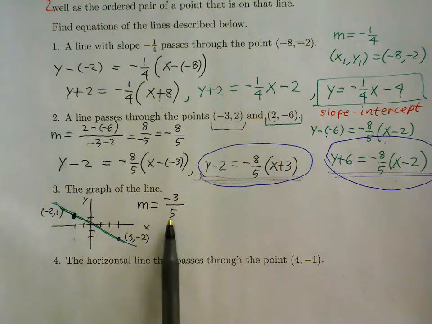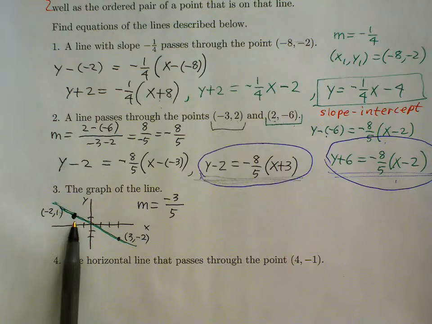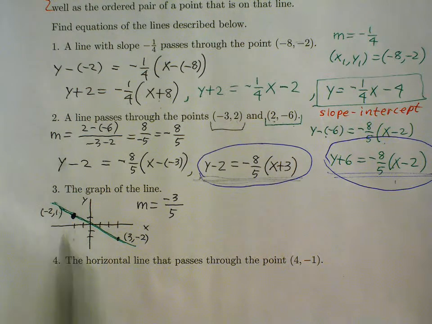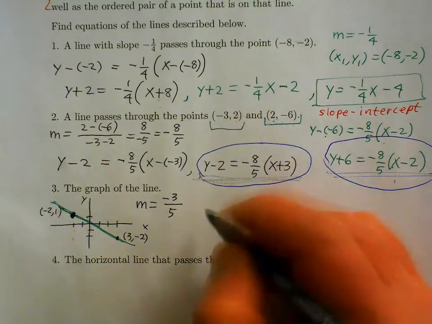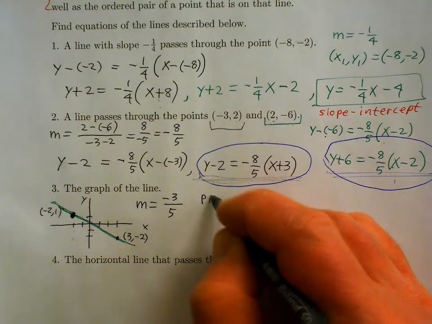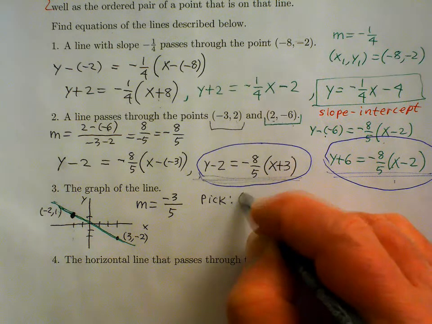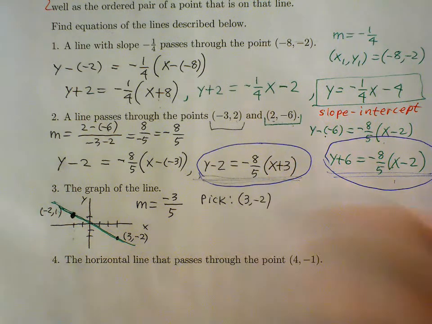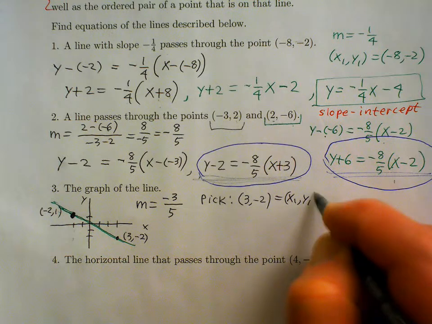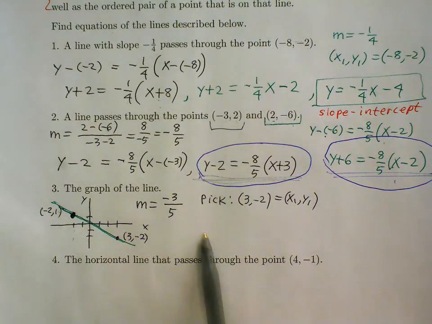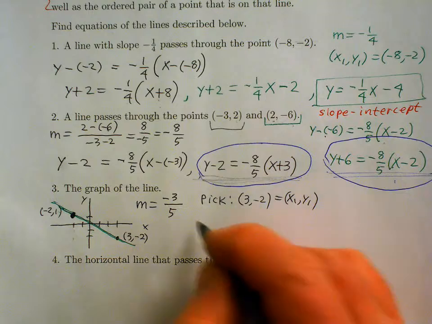If you don't want to do it that way, you can use the slope formula to find the slope. Then pick one or the other of the ordered pairs as x1, y1. So I'll pick the ordered pair 3, -2 for the x1, y1. And then I'll write the point slope form.